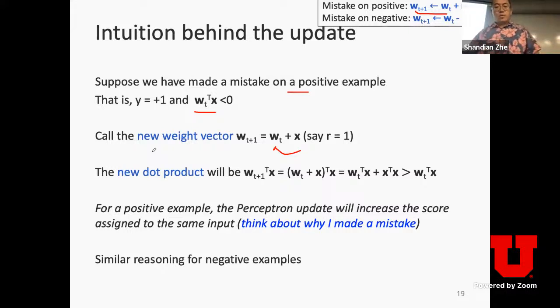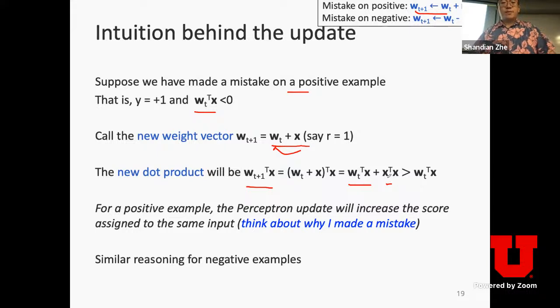To see this, we just want to say, with the new weight vector, what's our score? Which is W_{t+1} transpose with X. From the updating, we know W_{t+1} essentially is to add W_t to X. Now you use this new weight vector, dot product with X, and you will see that the new score is actually the old score plus X transpose X. X transpose X is the squared norm of X, which is positive.